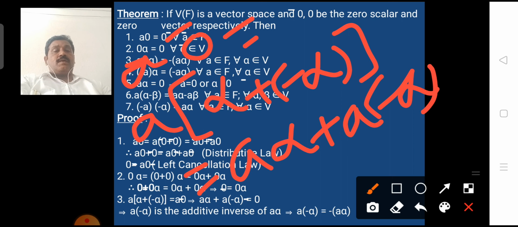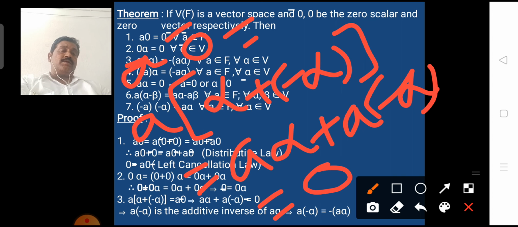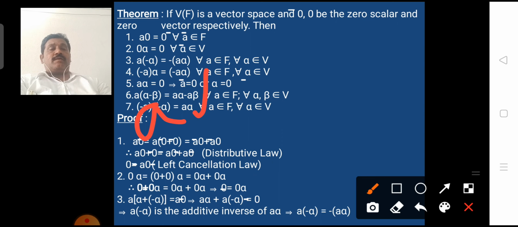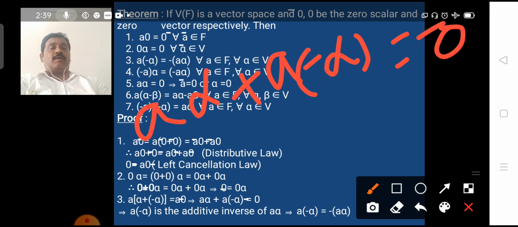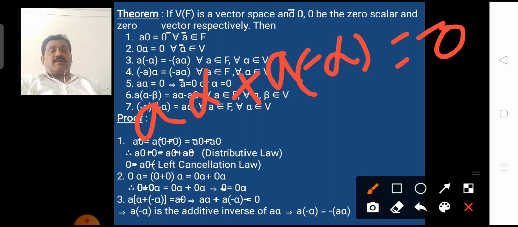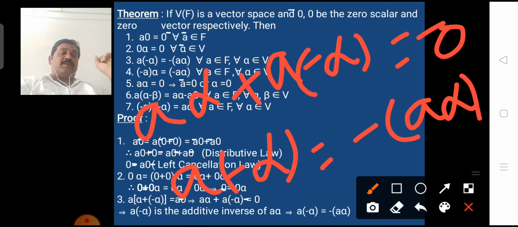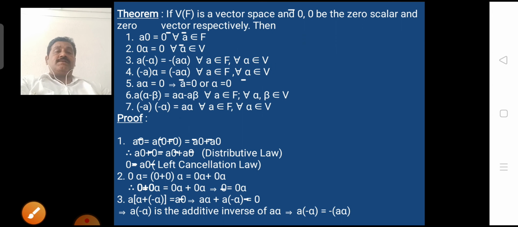So from 1 we learn A into 0 bar equal to 0 bar. So A alpha plus A minus alpha equal to 0 bar. So from this, A minus alpha is the additive inverse of A alpha, equal to minus A alpha. Okay, this is the proof of 3.